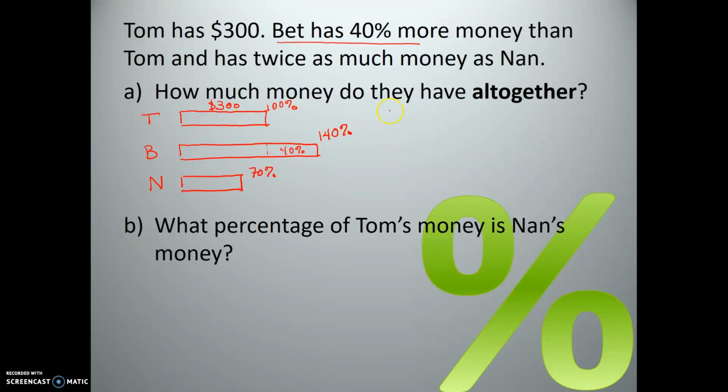So we already know how much Tom has. He has $300. Bet has 140% of $300. So she has 140 times 3.